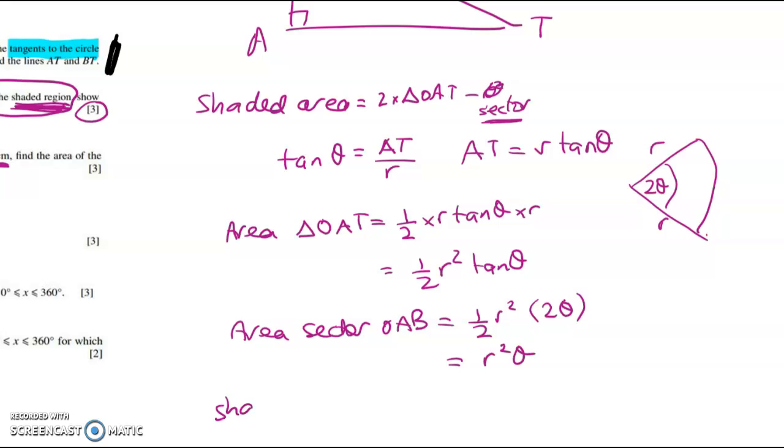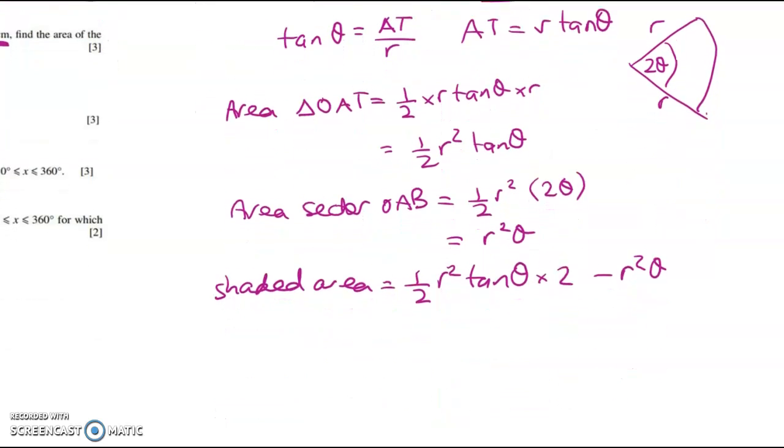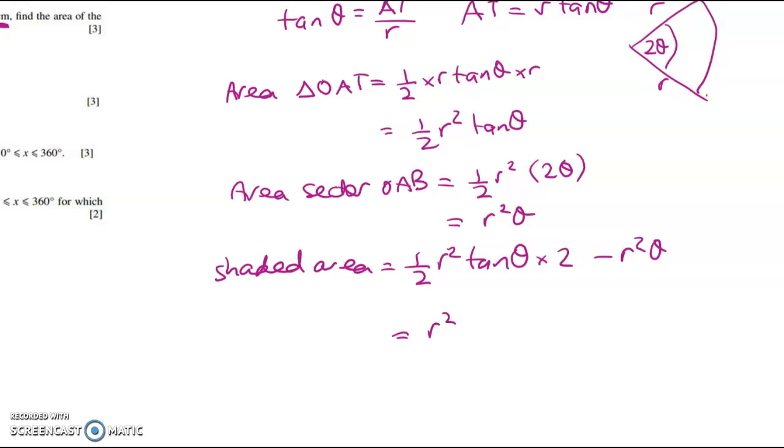So the shaded area is equal to 1/2 r squared tan theta times 2, because there are 2 identical triangles, minus r squared theta. That leaves us with r squared tan theta minus r squared theta.